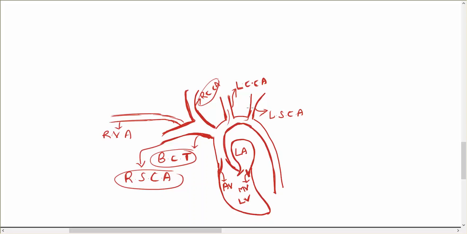Likewise, another artery comes from the left subclavian artery and goes posteriorly, that is the left vertebral artery.